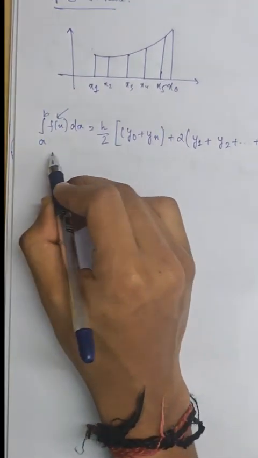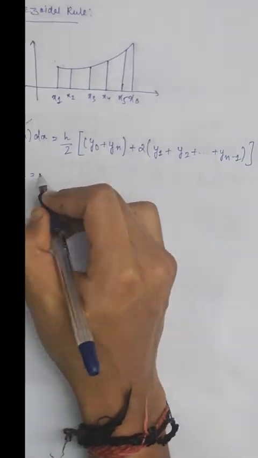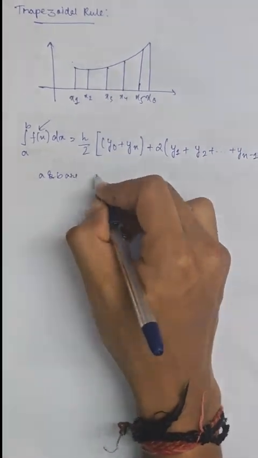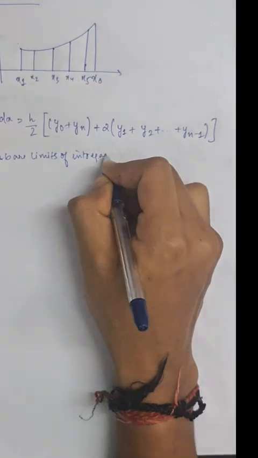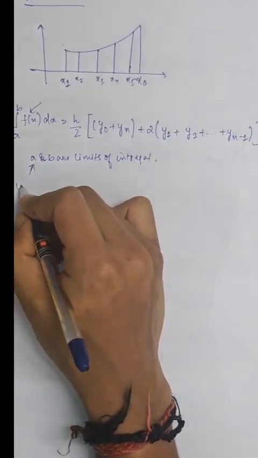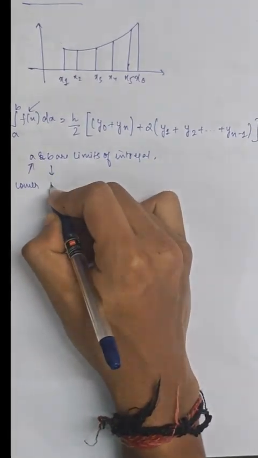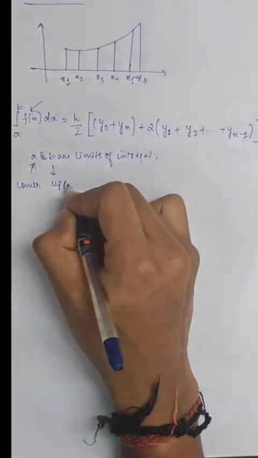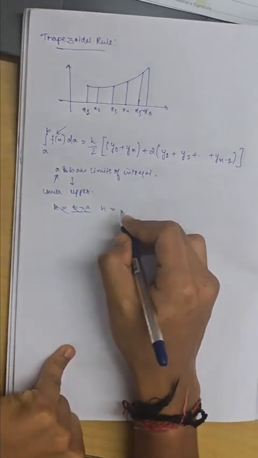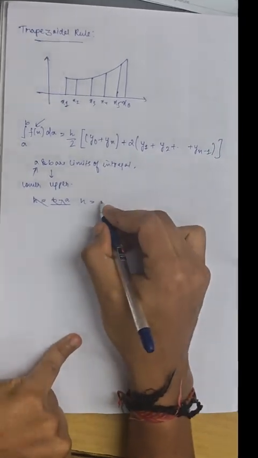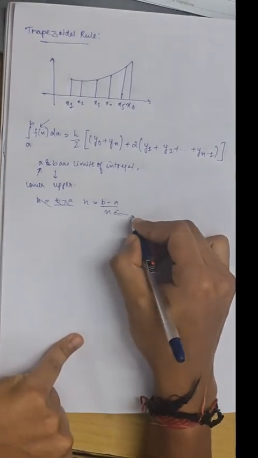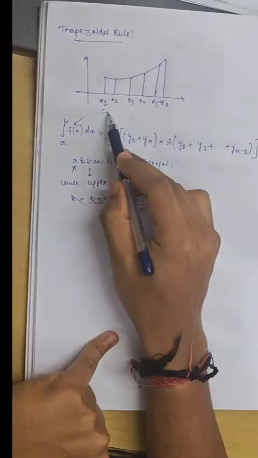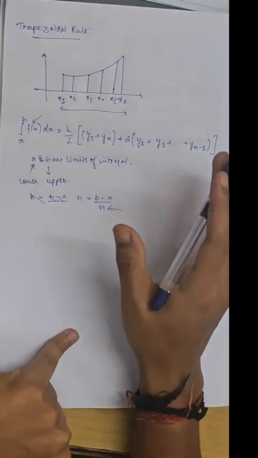Here, let's look into the variables. Here a and b are the limits of the integral, a being the lower limit and b being the upper limit. Here h is the size of the subintervals between a and b, which is given by b minus a upon n, and n is the number of intervals we are taking from our lower limit to our upper limit.